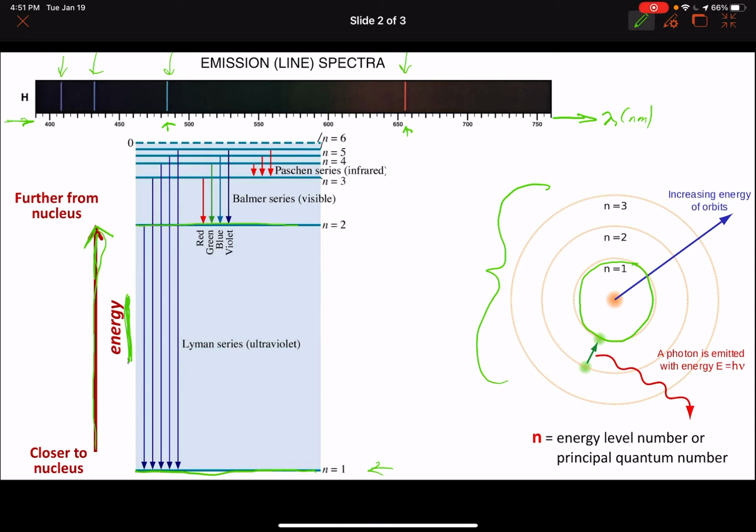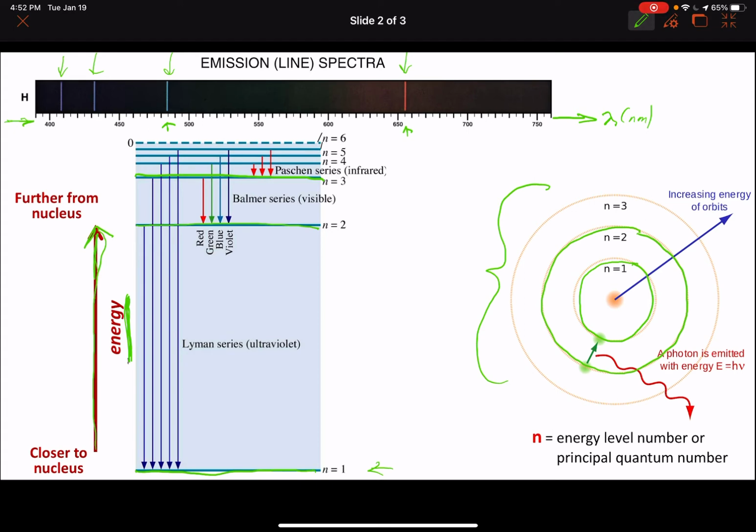The next one, n equals 2, is the next orbit out here. And n equals 3 is up here. So how do we explain the type of photons that are emitted? Well, they occur from excited electrons, electrons that are high in energy, and they need to fall down to a lower energy situation. And energy must be conserved.